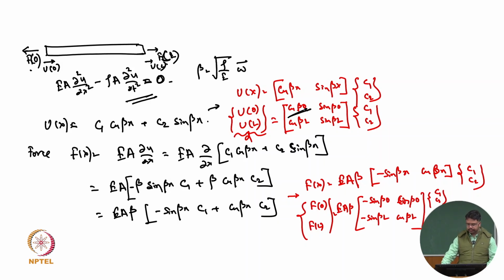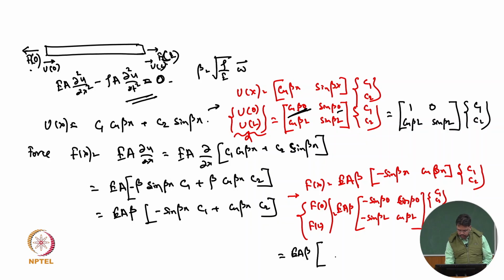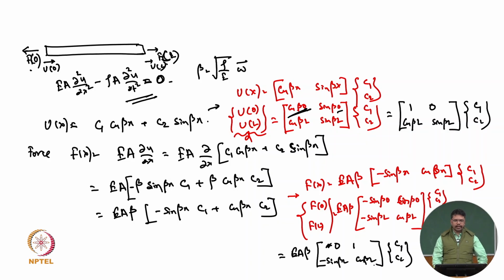What is cos beta 0? One. Sine beta 0 is 0. Then cos beta L, sine beta L. And for the force, minus sine 0 will be 0, cos 0 will be 1, minus sine beta L, cos beta L, with c1 c2. Agreed? So that is my F matrix.